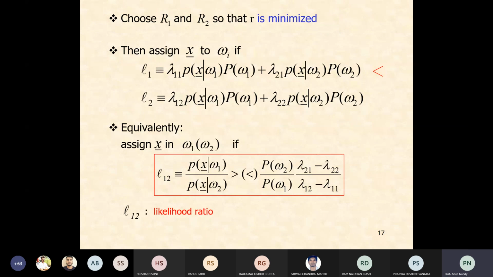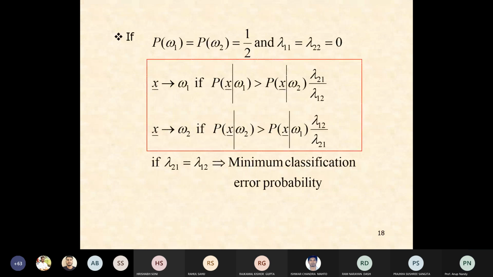Okay, and this loss matrix, you could assume it in the form where L is equal to λ11 0, 0 λ22, if it is correctly classified.